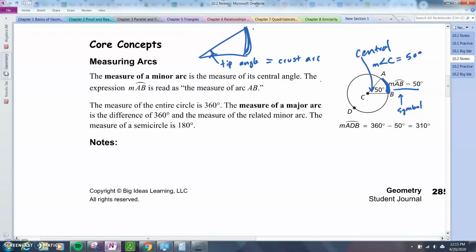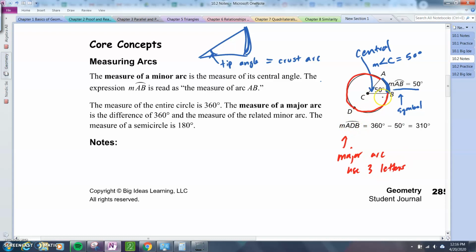The measure of the entire circle is 360 degrees. So if this is 50, the whole thing adds up to 360. The measure of a major arc is the difference of 360 and the measure of the related minor arc. So if we wanted to look at the major arc for this circle, here's the 50 out of here. The major arc is this way around it. And for the major arc, you need to use 3 letters.